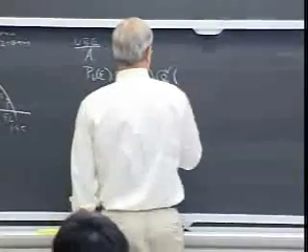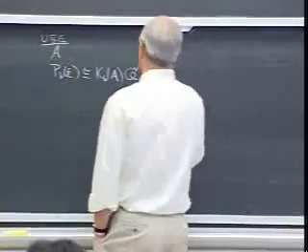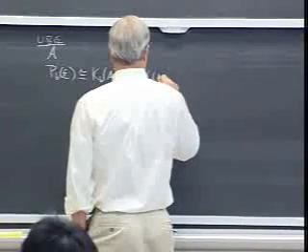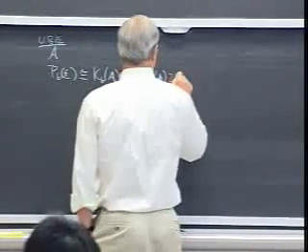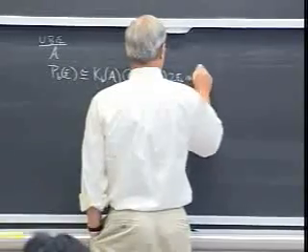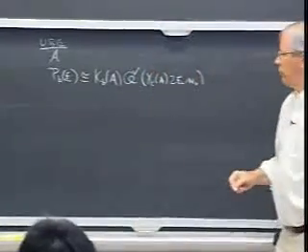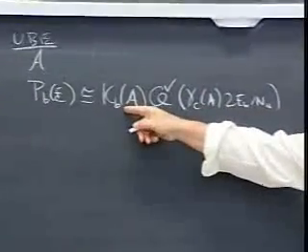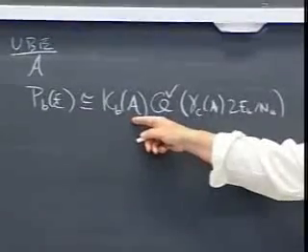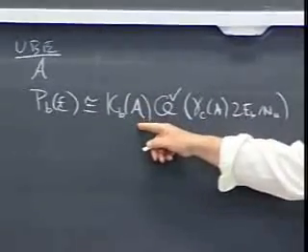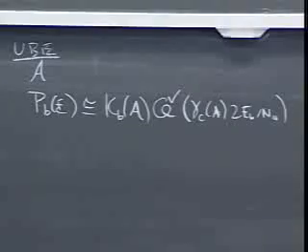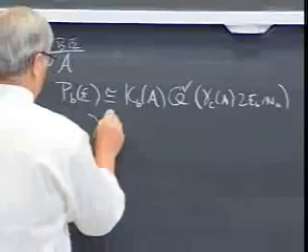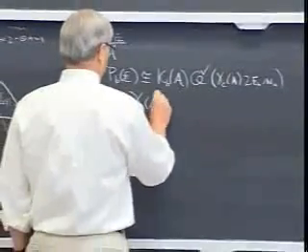I use this notation: Q of the square root of some coding gain of the constellation times 2 Eb over N0. If it's just 2-PAM, then the coding gain becomes 1. This is the average number of nearest neighbors per transmitted bit. And so the whole thing reduces to this expression in terms of a couple of parameters.